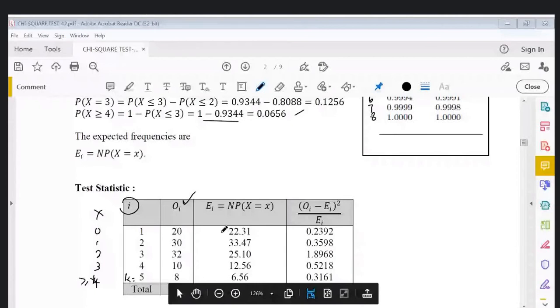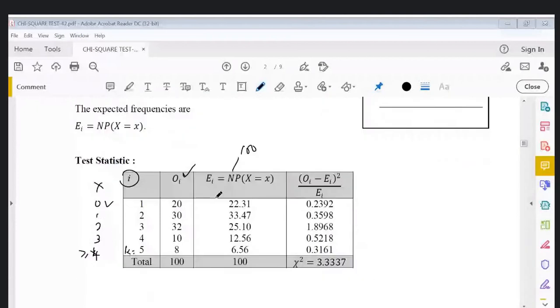Okay, for X is 0, we just put 0, and we can get the probability 0.2231. N is 100 times 0.2231, we get 22.31. For S equal 1, we get the probability from the table, it is equal 100 times 0.3, and so on.